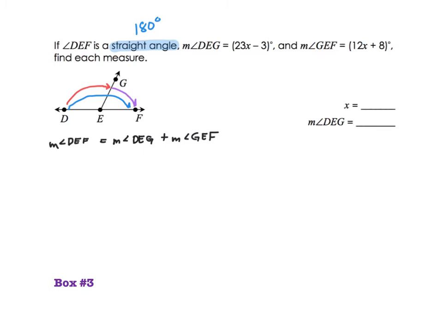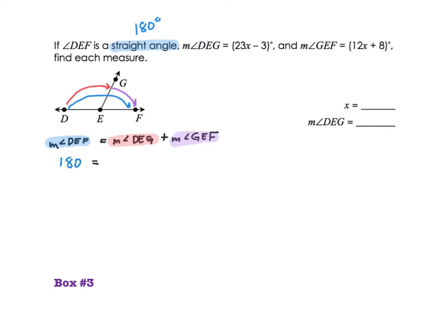The blue will represent the whole thing, the red is DEG, and the purple is GEF. So I know what DEF equals, right? Hopefully you are saying yes. We do. 180 degrees. We know that it's a straight angle, and a straight angle equals 180.